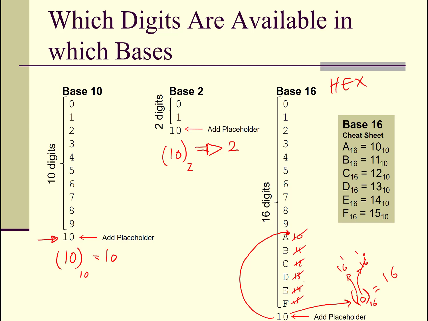So the base is base 16, the maximum number that can be represented is 15. So when adding 1, you have to return back and reuse the numbers that you already have. The same thing we said here, we are reusing those, and here we are reusing those.